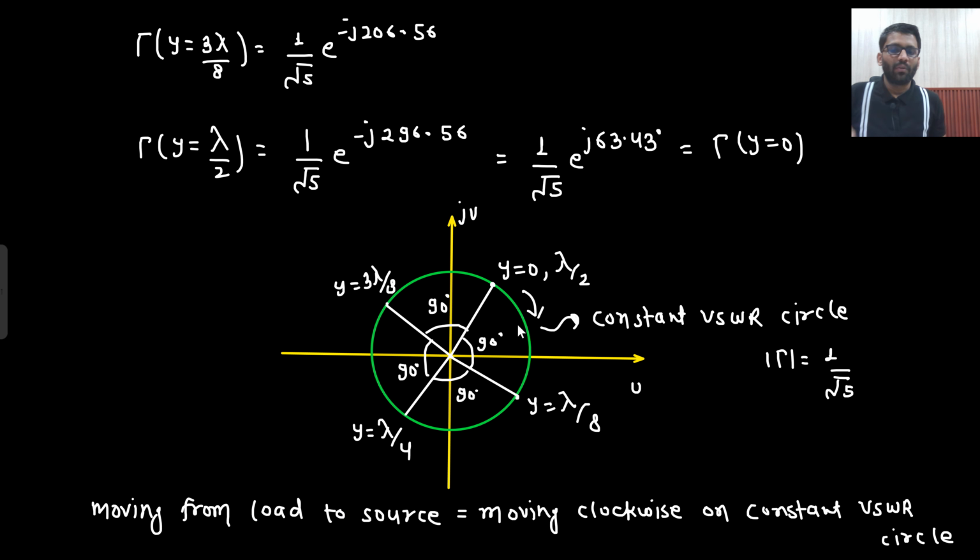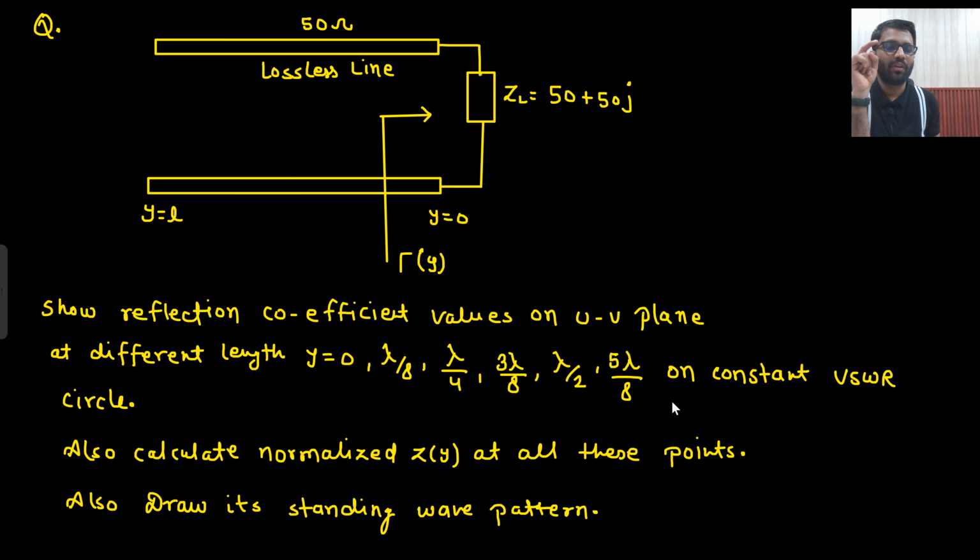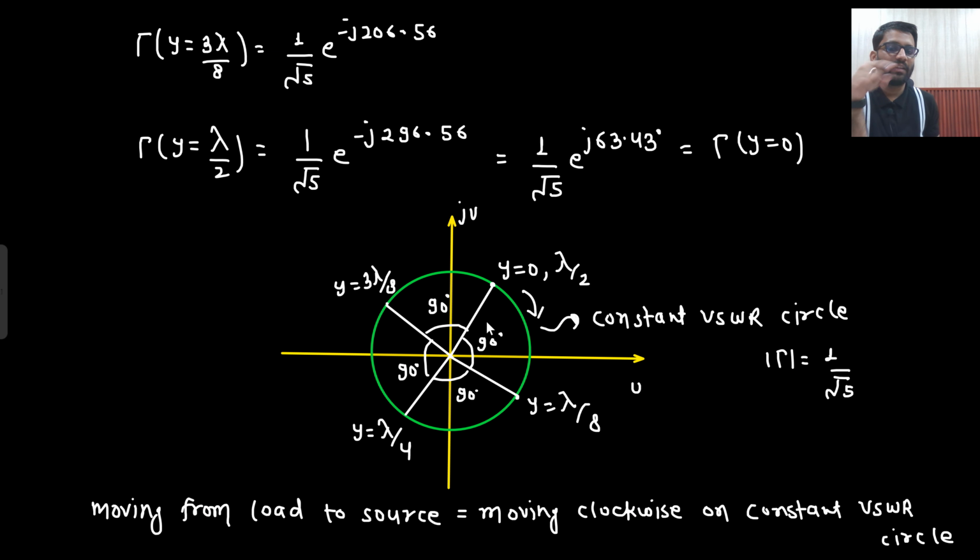And now another thing. If you are moving 360 degrees on a constant VSWR circle, how much have you moved on the transmission line? Lambda by 2, right? Because after lambda by 2, things are being repeated.